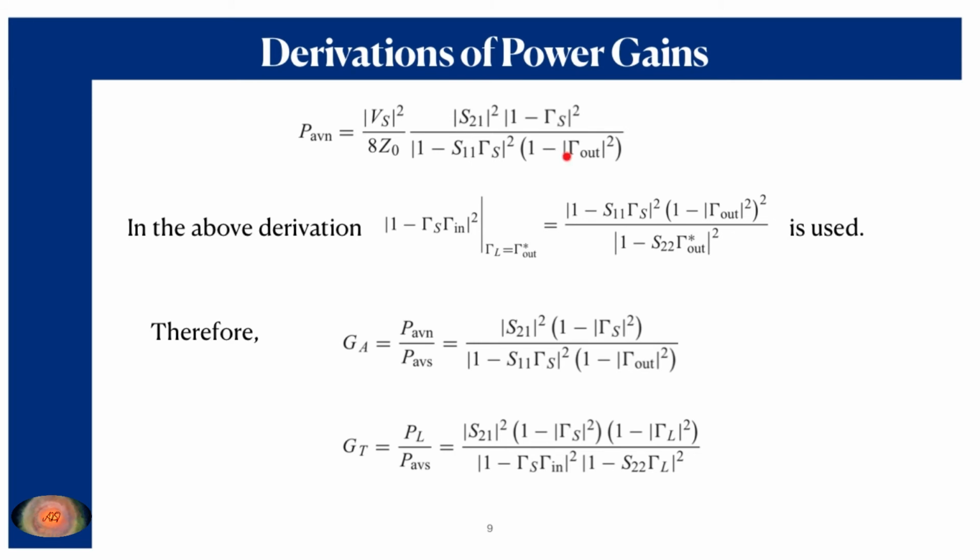Look at here, this gamma out represents the condition where you are replacing the conjugate matching between gamma L and gamma out, whereas in the previously obtained expression of the PAVN, there exist gamma S and gamma in, and these gamma S and gamma in are the property of the input side.